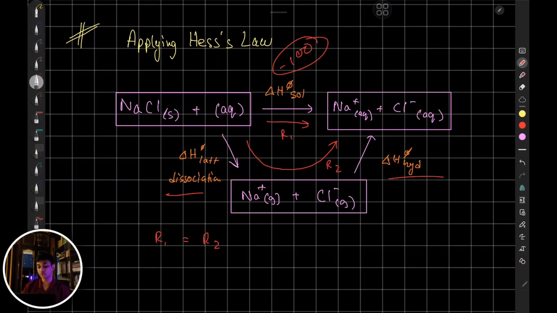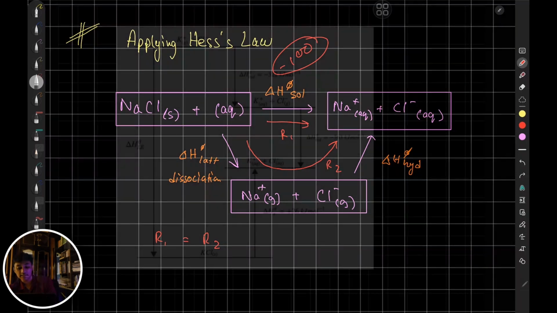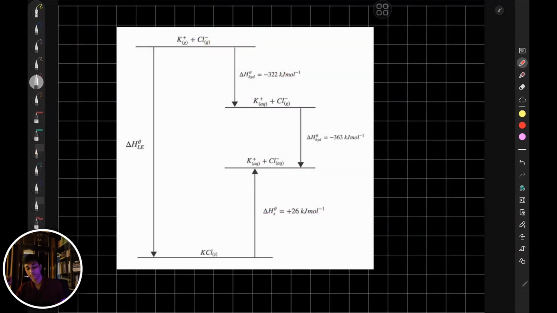Great. So in this way, you can break down the enthalpy change of solution and use a Hess cycle or Hess law to find out any specific variable, be it hydration, dissociation, or solution. Now, in question papers, it may be represented differently. Alright, so I found an example of the case where they use the ionic gas as the starting set of reactants.